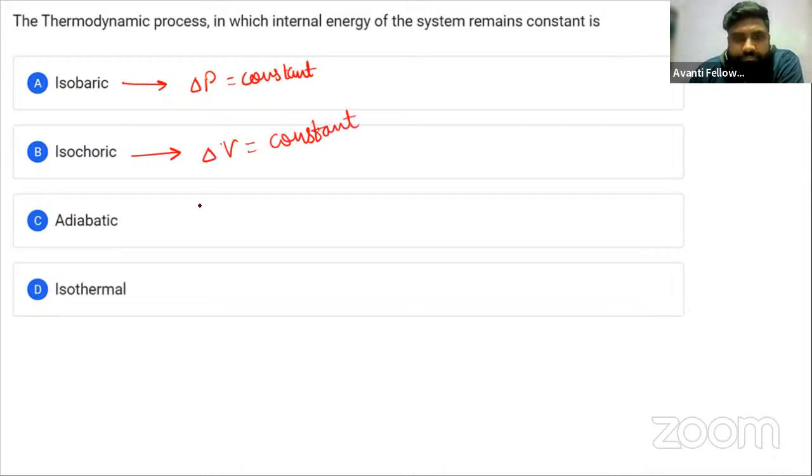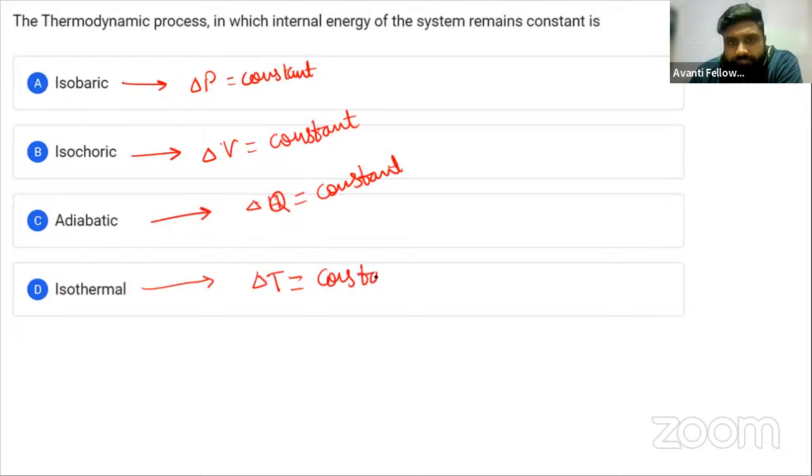In an adiabatic process, delta Q is equal to constant. No heat is given to or transferred from the system. In an isothermal process, we have the change in temperature as constant, which means there is no change in temperature during this isothermal process.